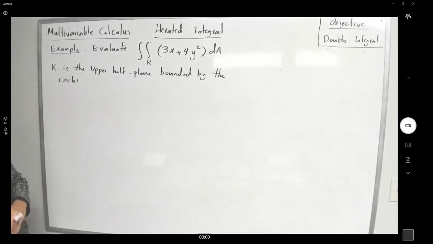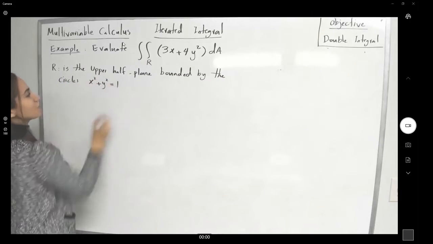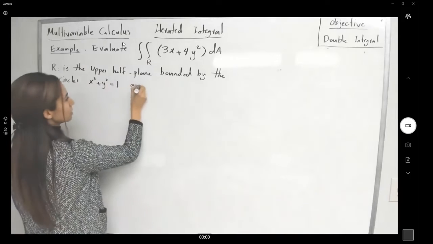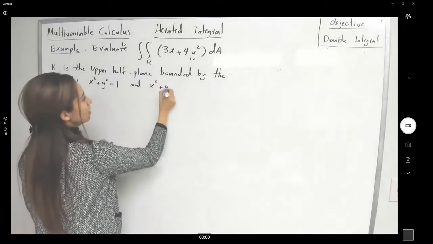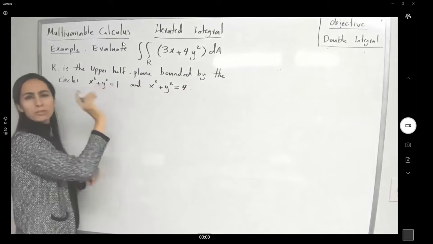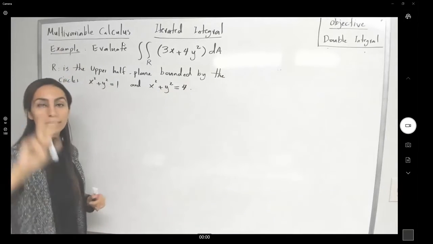Okay, circles, what circles? x squared plus y squared. One of them is just the unit circle, and the second one is x squared plus y squared equals 4. So you have the unit circle with radius 1, and the other is a circle with radius 2.